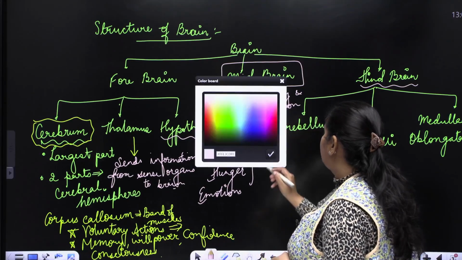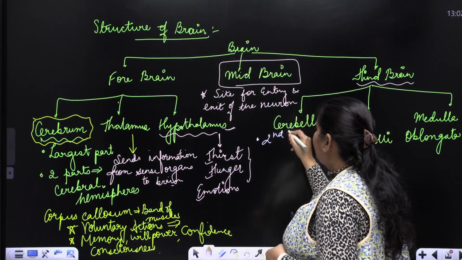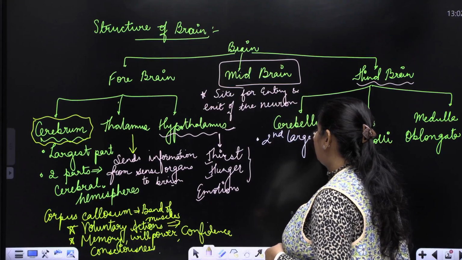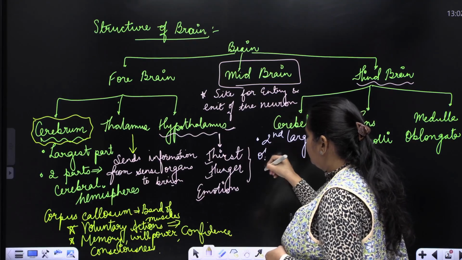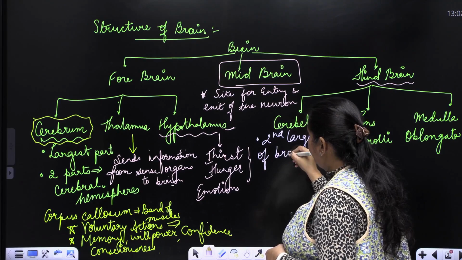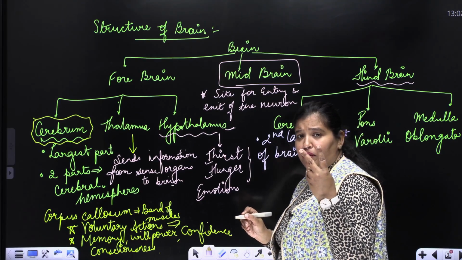the cerebellum is the first part, and this cerebellum is the second largest part of the brain. Now, what is it doing? It is performing two very, very important functions of the brain.